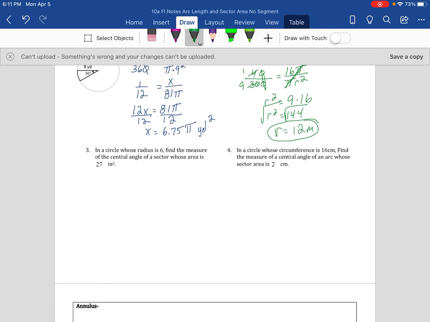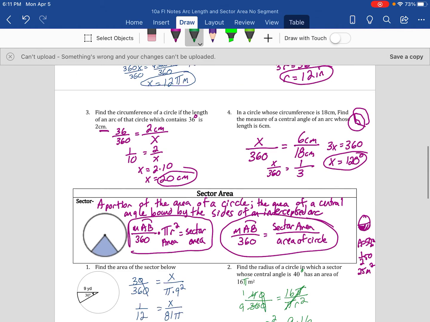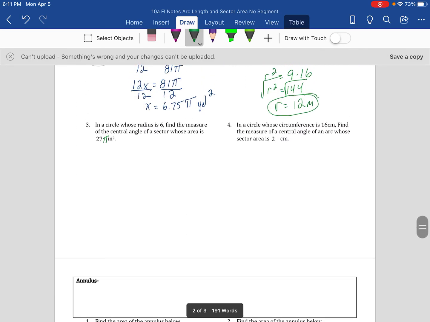Number 3, in a circle whose radius is 6, find the measure of a central angle of a sector whose area is 27 pi inches squared. So we're being given the radius, and we're trying to find the central angle, so that's going to be x over 360.